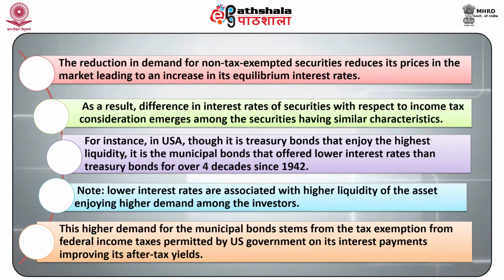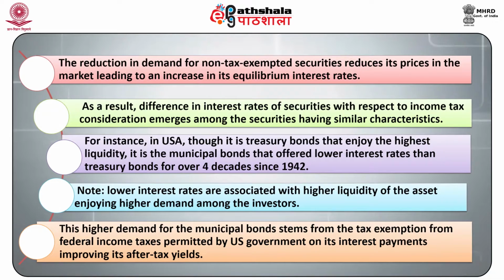As a result, difference in interest rates of securities with respect to income tax consideration emerges among the securities having similar characteristics. For instance, in the USA, though it is treasury bonds that enjoy the highest liquidity, it is the municipal bonds that offered lower interest rates than treasury bonds for over 4 decades since 1942.